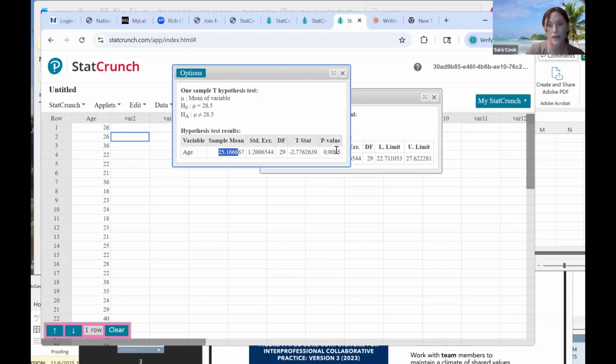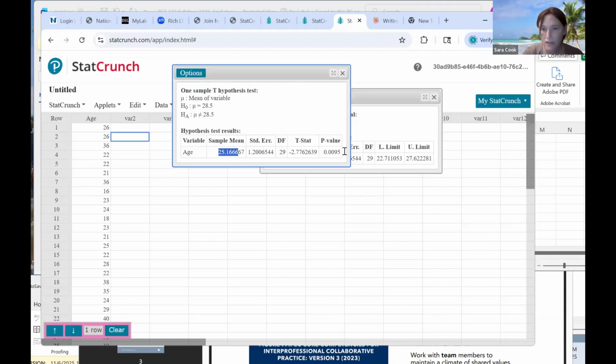That is what our p-value tells us. It's basically a probability about the likelihood that what we're observing is due to chance, and that we just happen to get a value of 25.16.